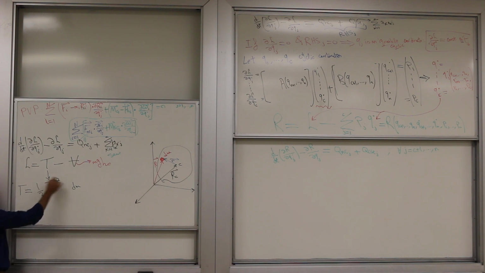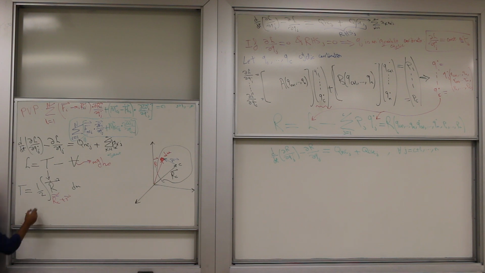R dot squared, I'm going to integrate, right? And what is this R dot? From this triangle, it's simply RC plus little r. So the same R dot, little RC dot plus little r dot, all squared, so gives you 3 terms, right?